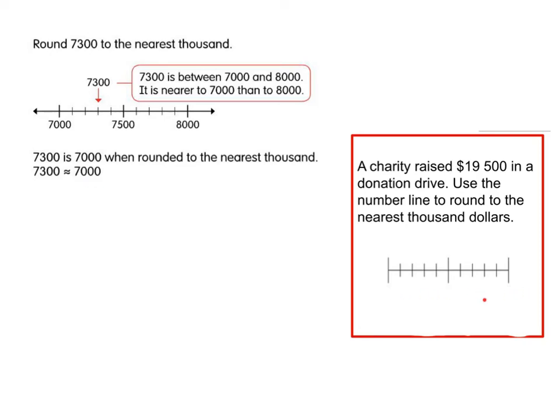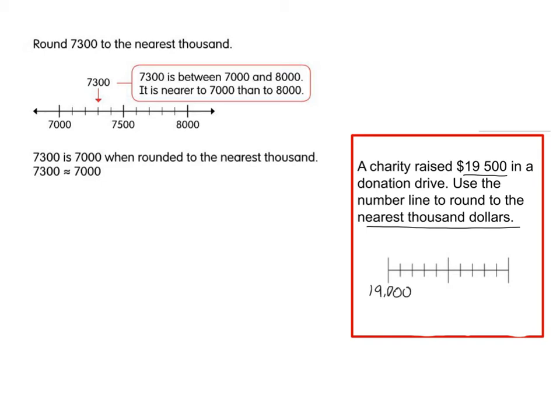Here's one for you to try. You might want to pause the video, have a look at it. So we have 19,500 and we want to round to the nearest 1,000. The thousands number that comes before this would be 19,000.